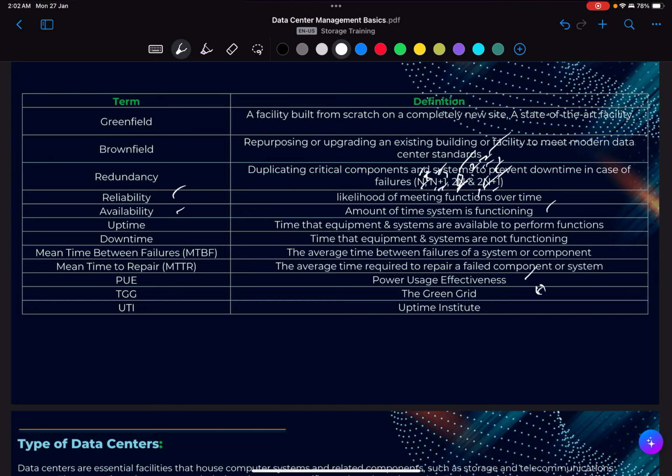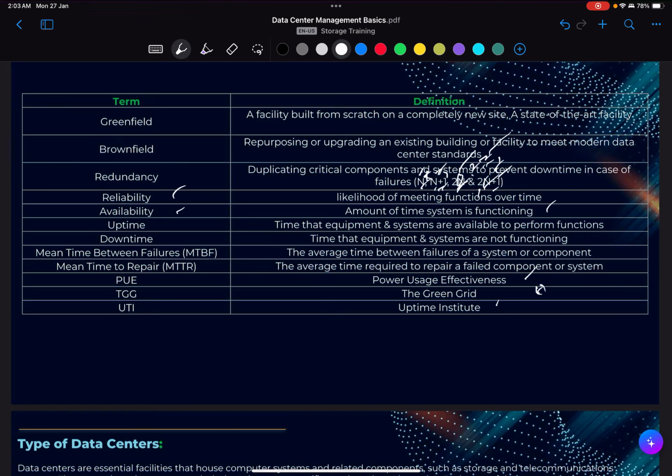Then there is the Uptime Institute, which also monitors uptime and sets the standard of uptime based on the tier of the data center. You can go further and read the terms on the internet, and you will get more details.